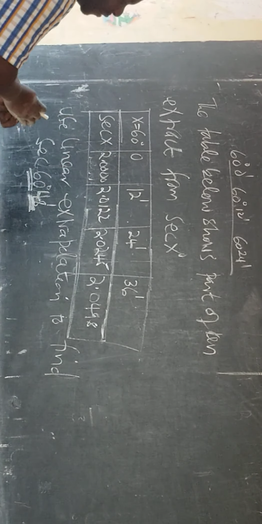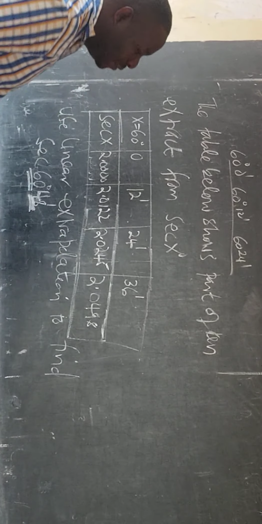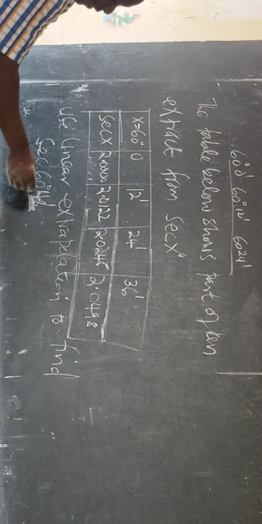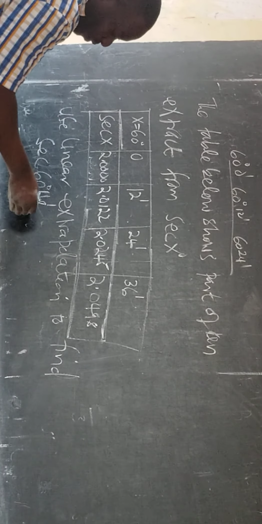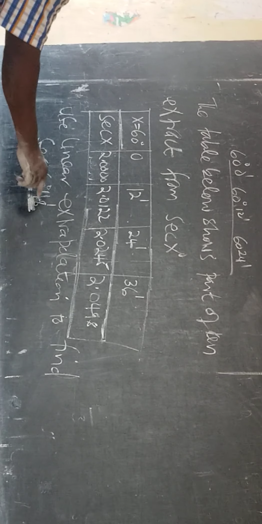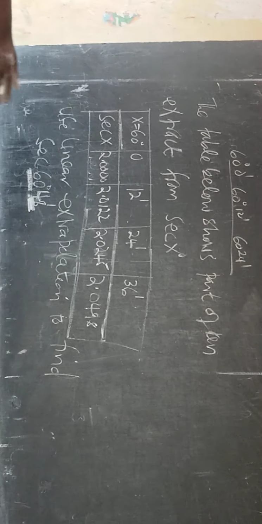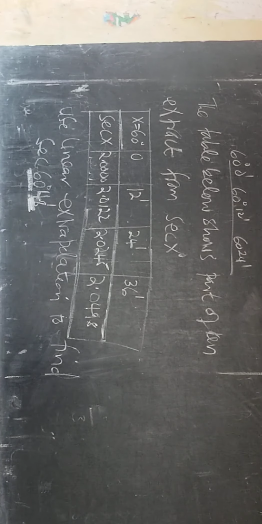The given set of values lies from 0 up to 36 minutes. We only concentrate on the part of the minutes, 48 minutes, which lies outside the interval. So that is an extrapolation, estimating a value which lies outside the interval.